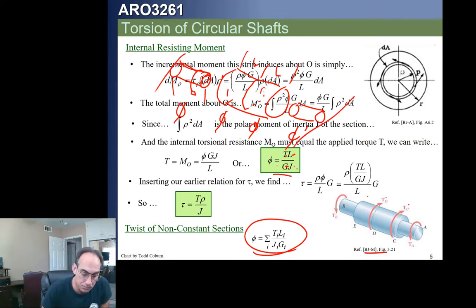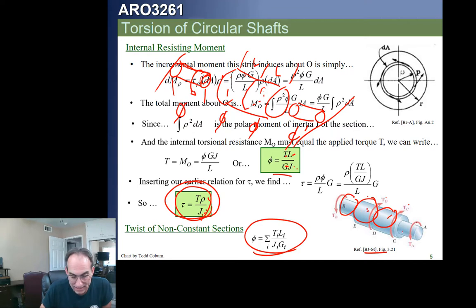If we want to know what the shear stress is anywhere, all we're really going to be focused on usually is the max value at this extreme fiber. And we can say, well, this first segment has a certain torque. We can plug in its max radius and its J. The second one has the same torque, different radius, different J. This one has a different torque, same radius and J as the one right before it.